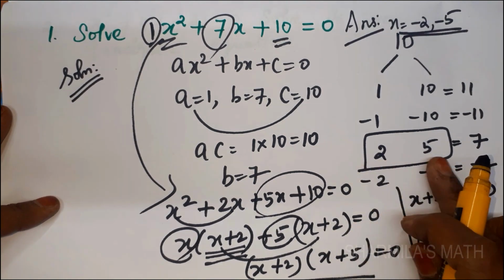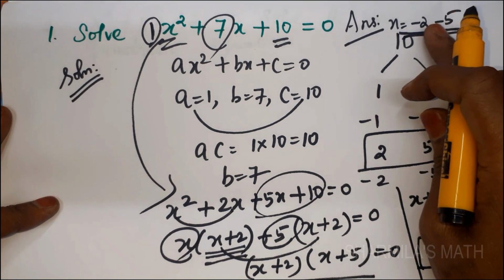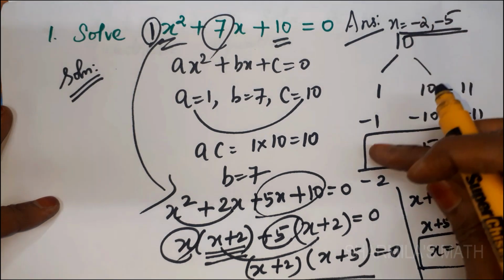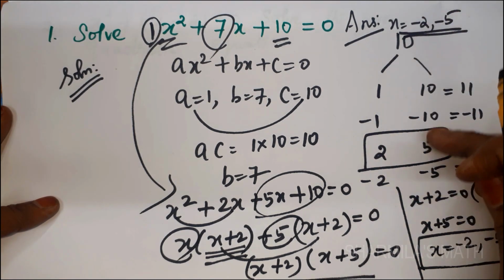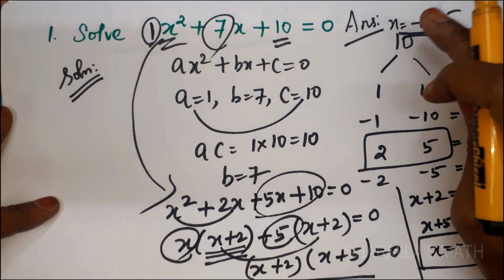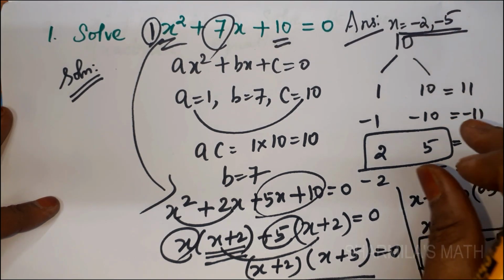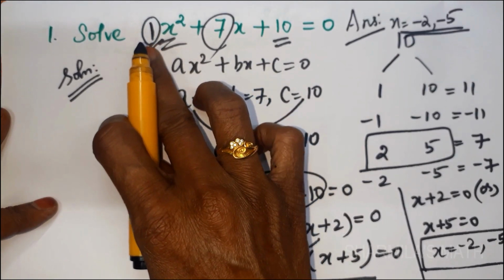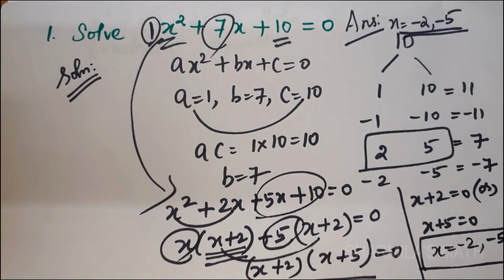From this we can directly write the roots. If it is 2 plus 5, the roots are minus 2 minus 5. Change the sign and take the roots minus 2 and minus 5. This is only applicable when the coefficient of x squared is 1. Is it clear?